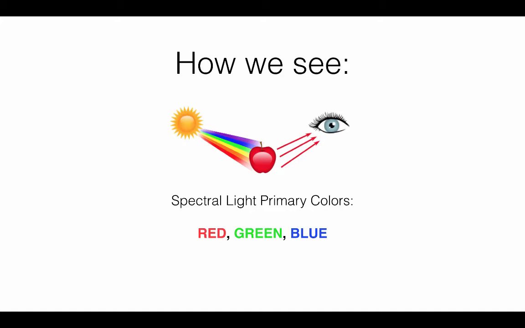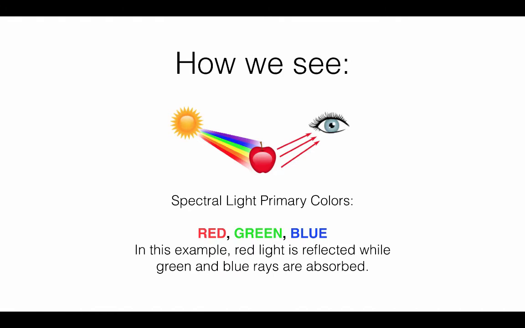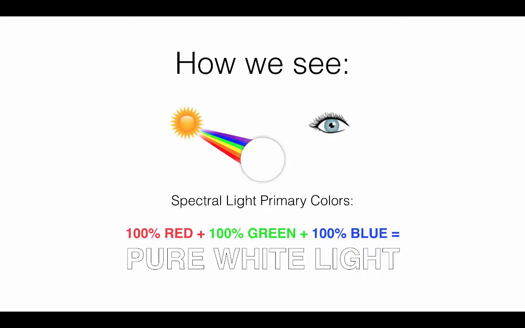They're also referred to as additive light primaries: red, green, and blue. These are used for displays, like monitors, computers, phones, anything that passes light through it as its medium for color. As I explained a minute ago, in this example, red light is reflected while green and blue rays are absorbed.